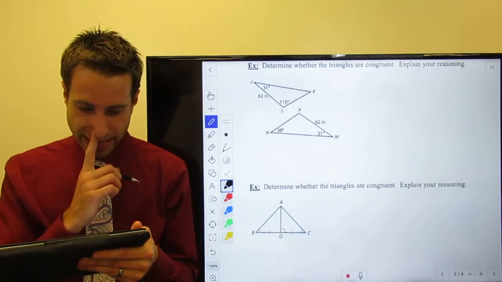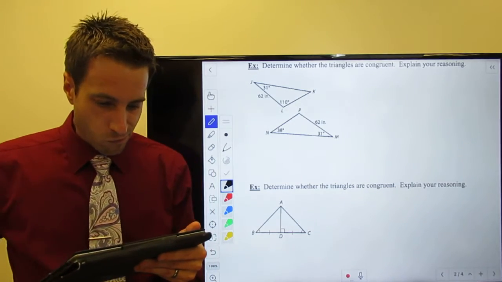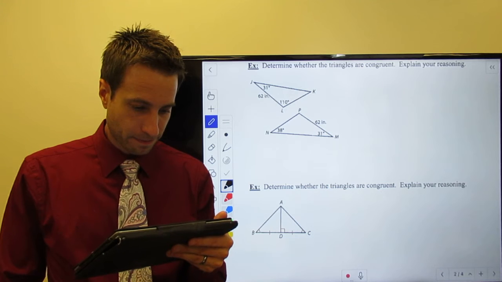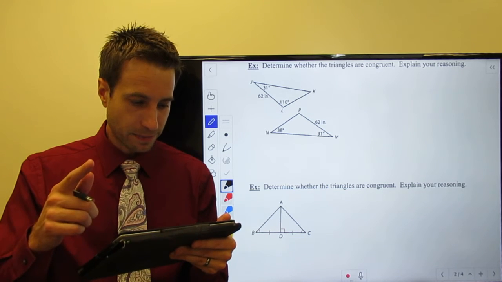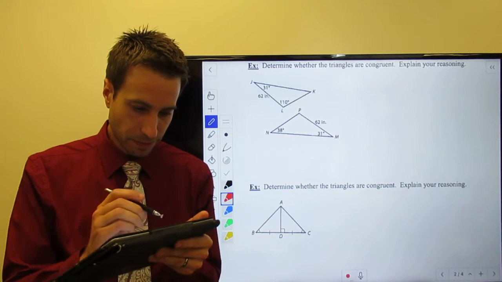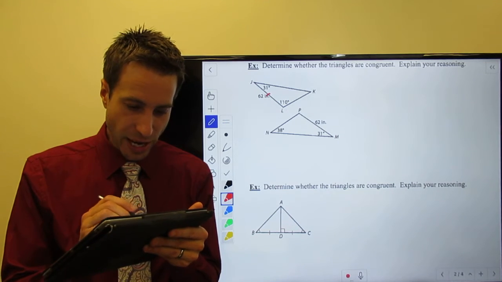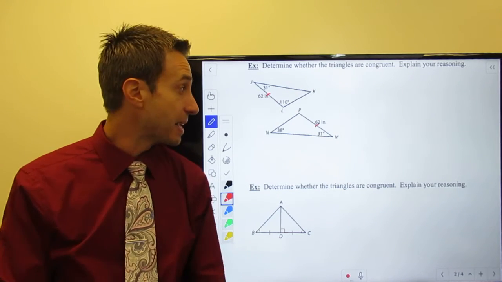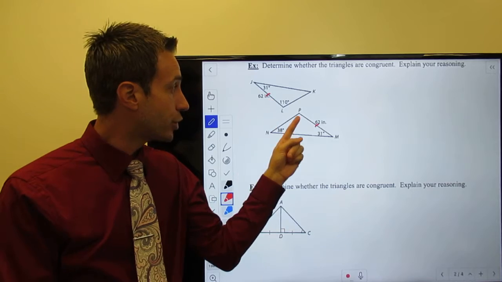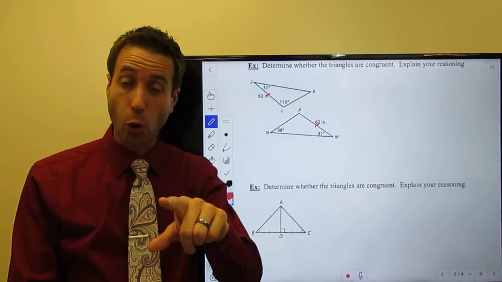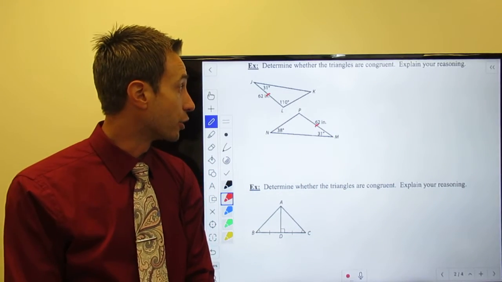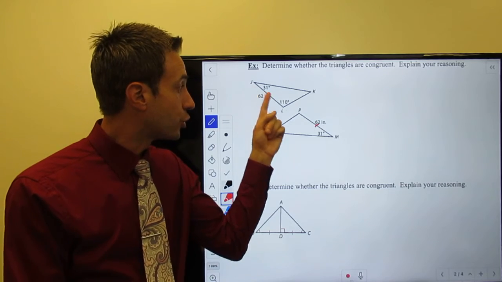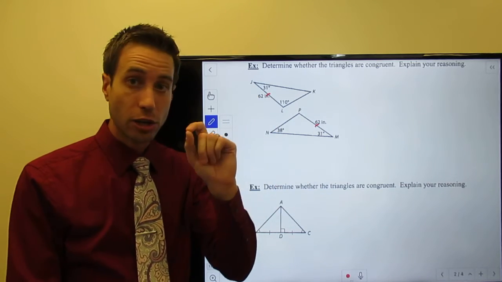All right, let's see what we've got here. I think I see it. Do you see it? Look at this. Side JL, side PM, look, 62 inches, 62 inches, corresponding sides, and they're congruent. Also, look, angle J and angle M, congruent.